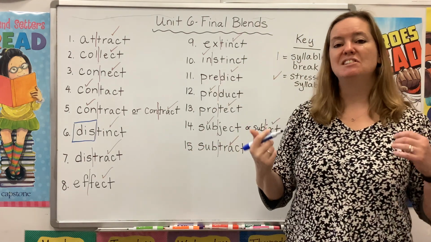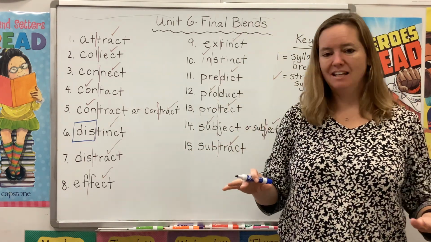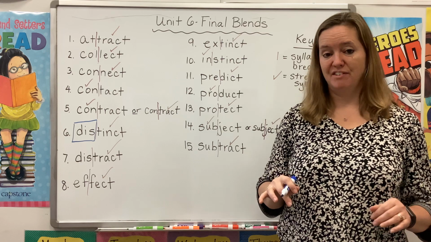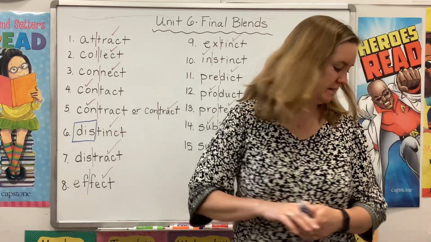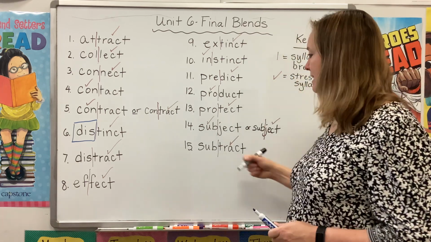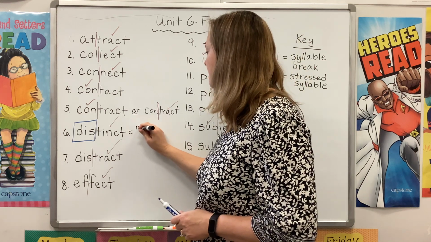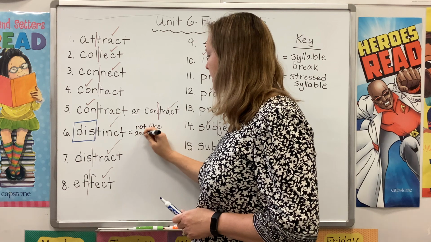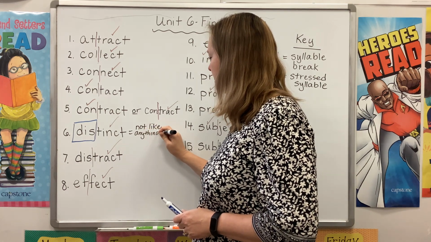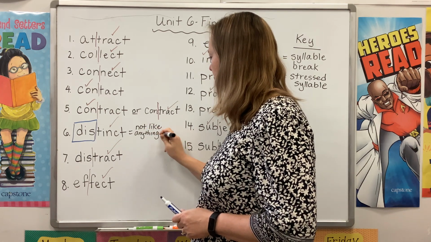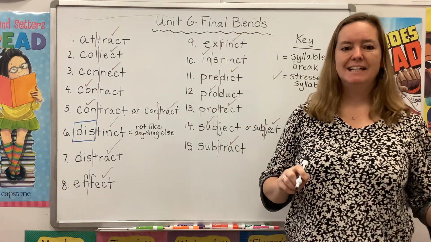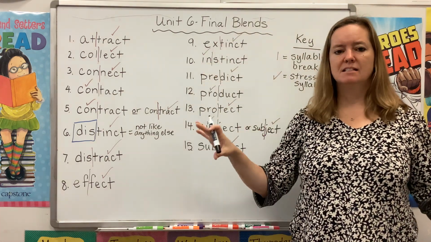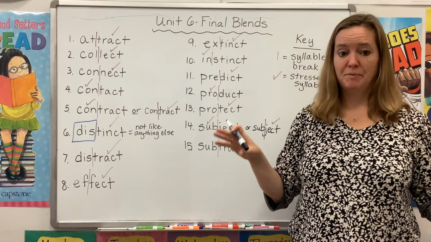If something is distinct, it's not like anything else. It's different. Okay, I'm going to write that right here. Distinct means not like anything else. So 6 and 5 are distinct numbers. They're not the same thing, right?